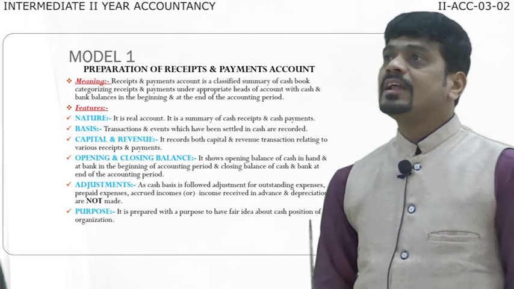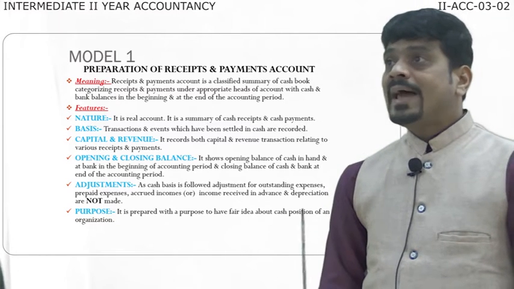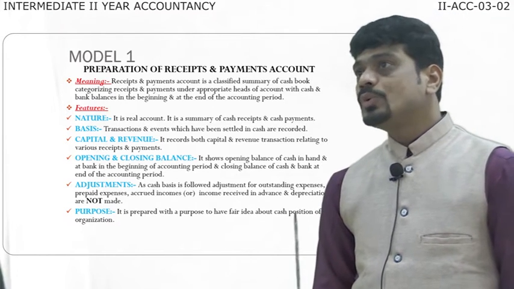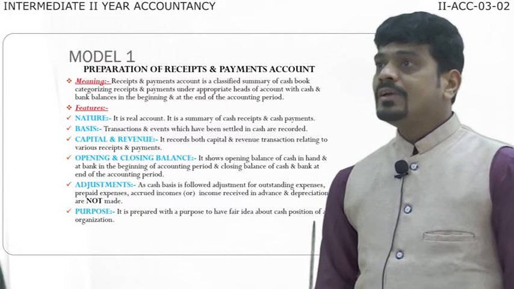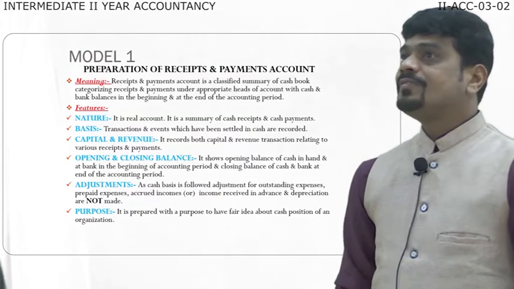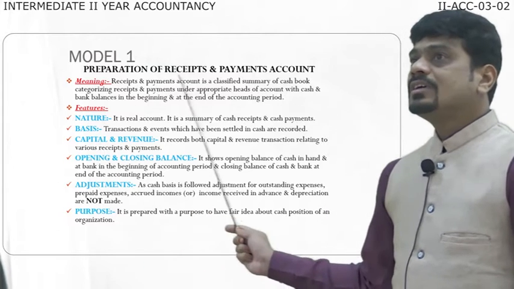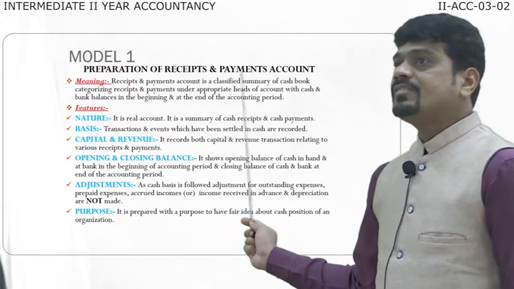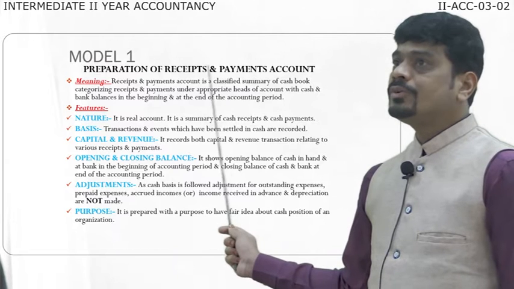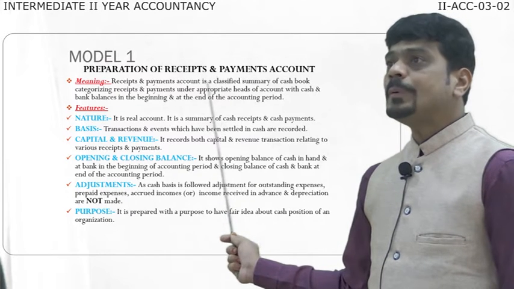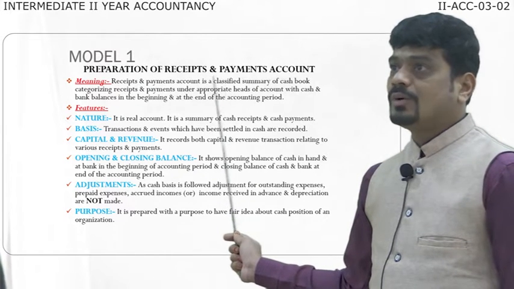Generally, you say there are 3 accounts. No, balance sheet is not an account. Please do keep in mind, balance sheet is a statement. Thereby, we have 2 accounts. The first account is your receipts and payments account. So today, in this session, we are going to learn how to prepare the receipts and payments account.